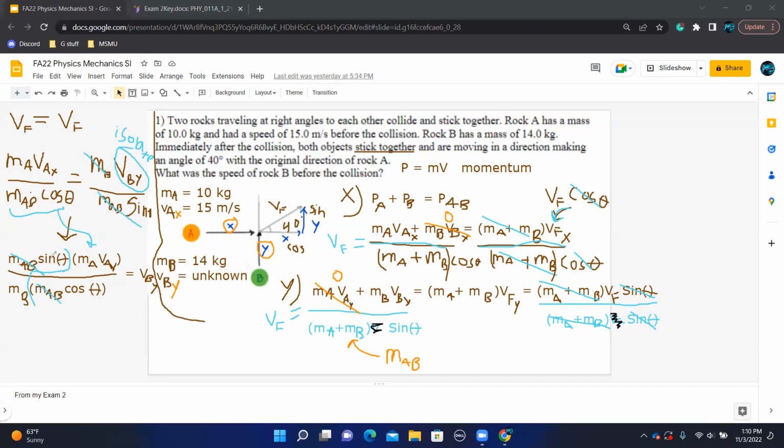And then remember that, in a different color just for a little bit, this sine over cosine here is the same as tangent.